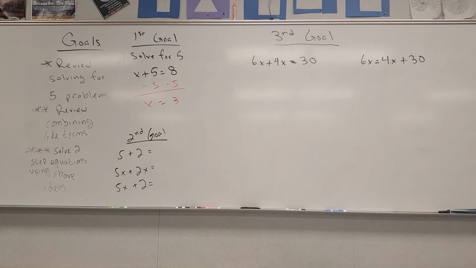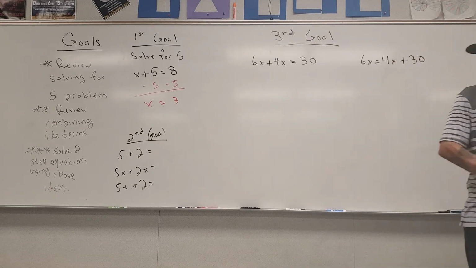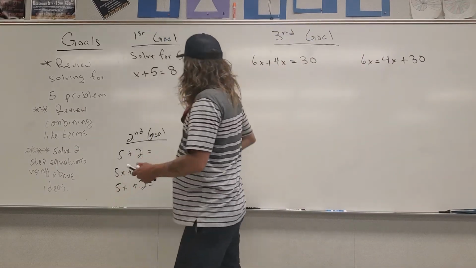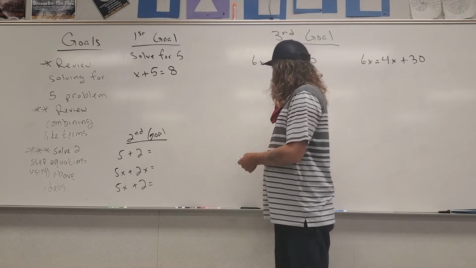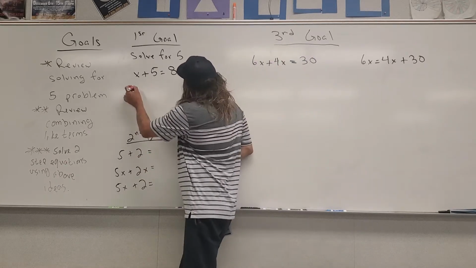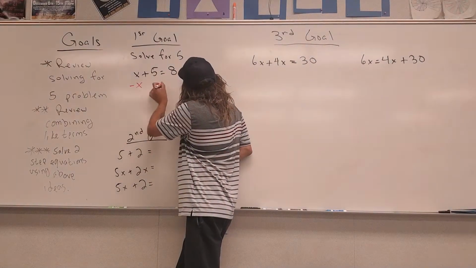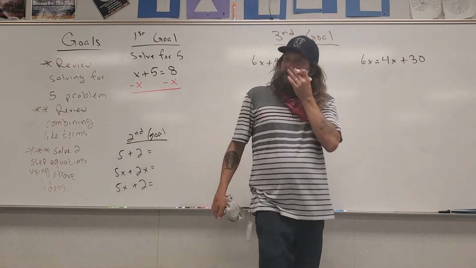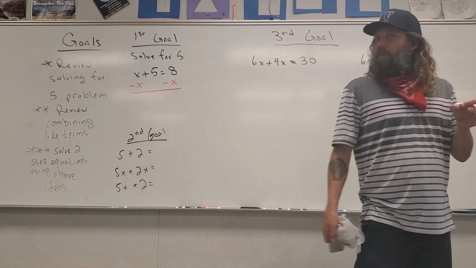And in order to solve for 5, I have to get the x away from the 5. So what I have to do to both sides is I have to move it. I have to subtract the x from both sides. I have to move it to the other side of the equation. And remember, this was a simple twist on a problem that we solved.